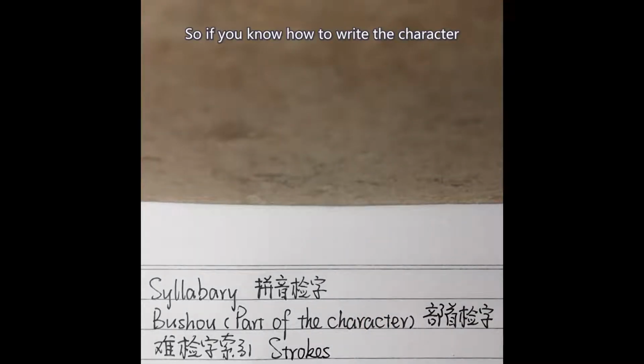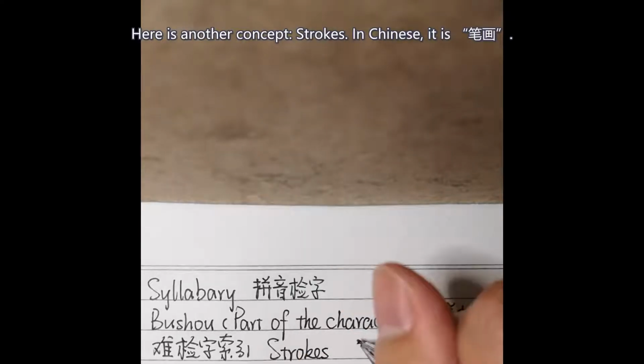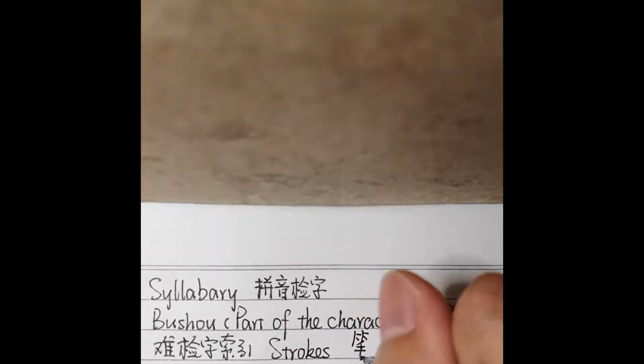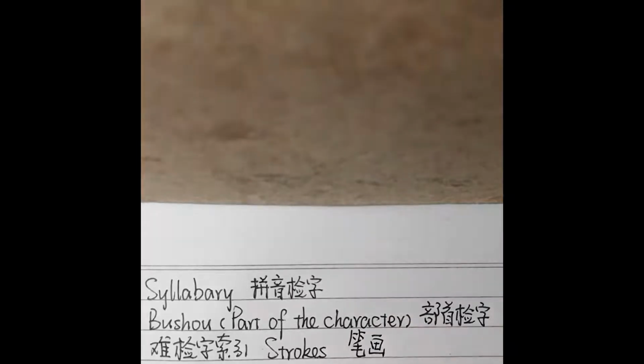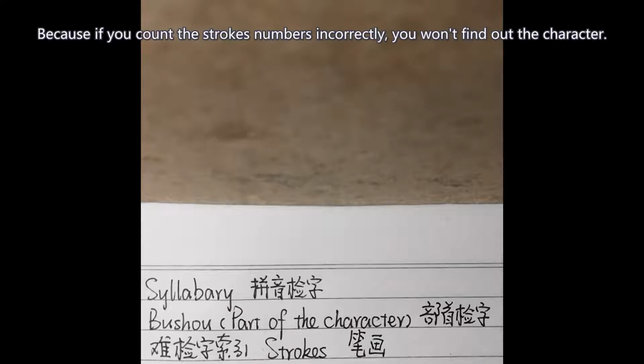So if you know how to write the character and you just don't know the meaning or the pronunciation, you can use this index by strokes. Here's another concept, strokes. In Chinese it is 笔画. But you must make sure that you count the strokes correctly, because if you count the stroke numbers incorrectly, you won't find the character.